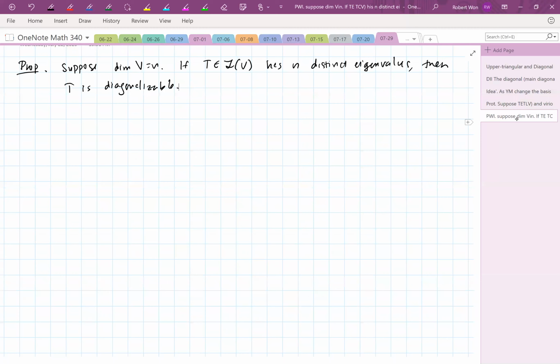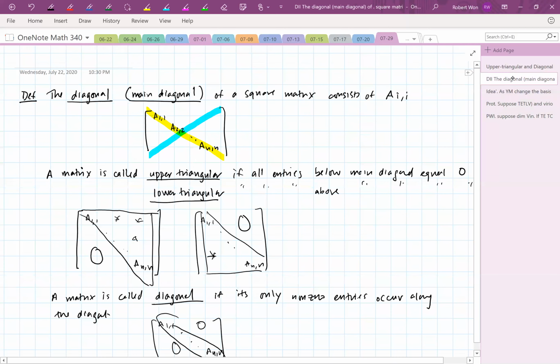Okay, but I want to shift our focus now to a weaker property, because diagonalizability is a very strong property. Well, go back to the definitions we made earlier today. Being a diagonal matrix is a very strong thing. Slightly weaker is being an upper triangular matrix.